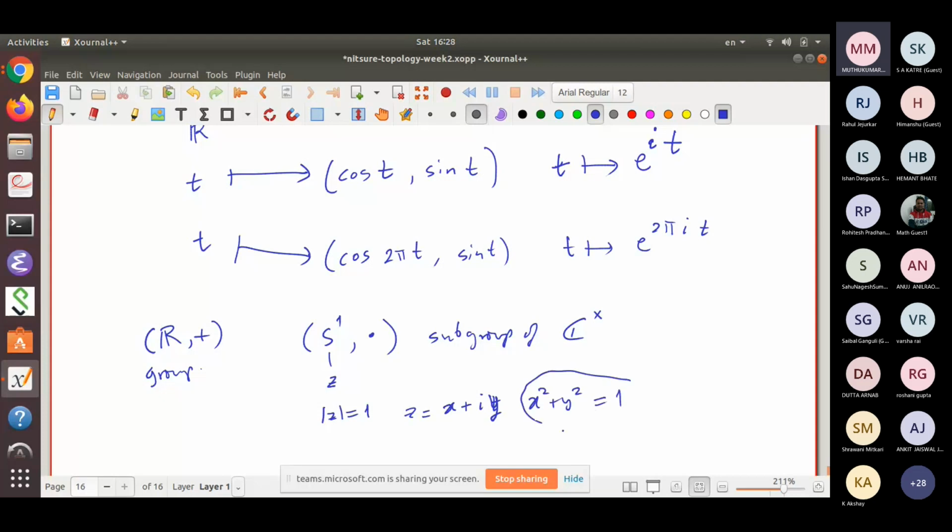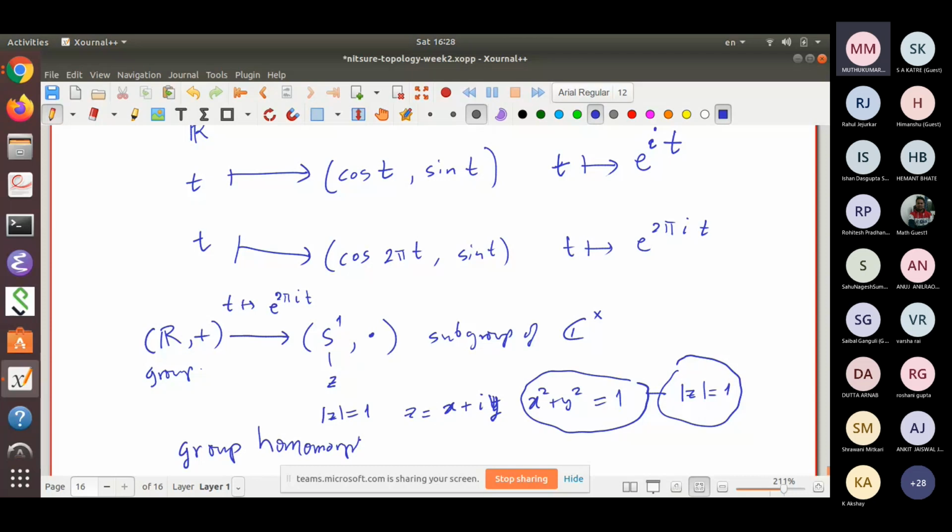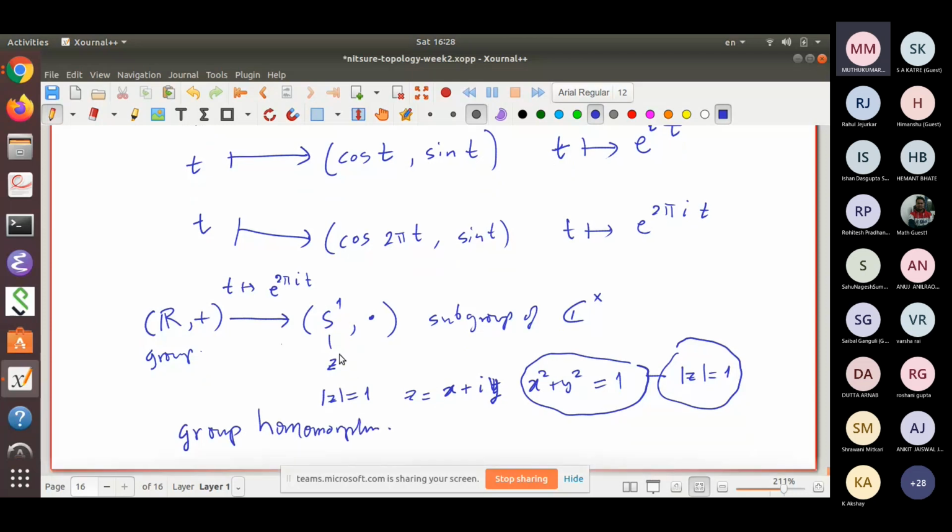That is the same as mod z equal to 1. So in that case, this map t goes to e to the power 2 pi i t is a group homomorphism. Is that clear? It's a group homomorphism.